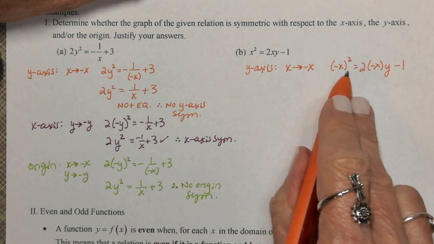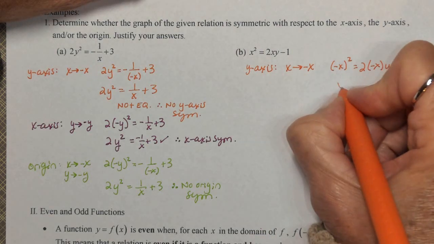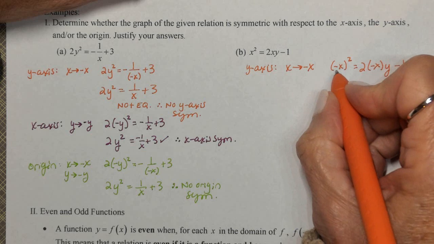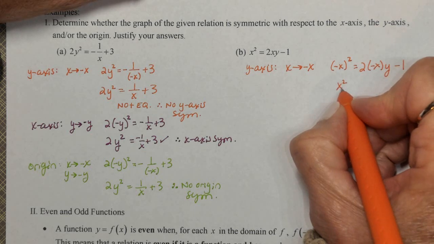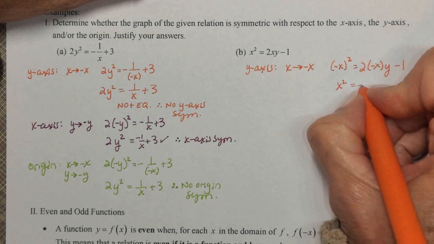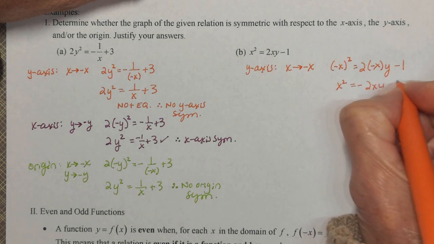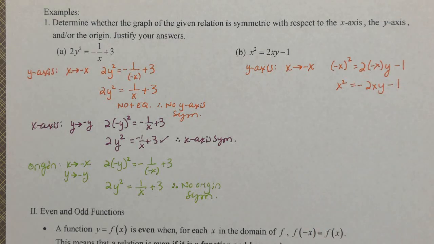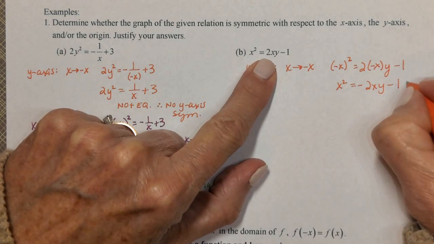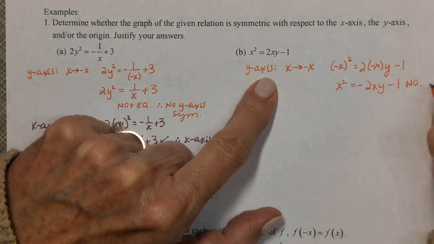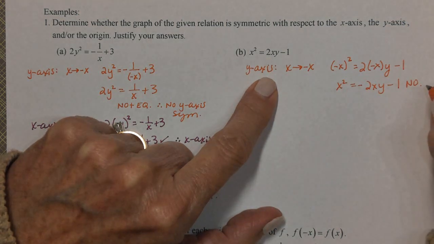Well, negative x all squared is x squared, because it's negative 1 squared times x squared. That's just x squared, is equal to negative 2xy minus 1. Is this equivalent to what we started with? No. Therefore, no y-axis symmetry.